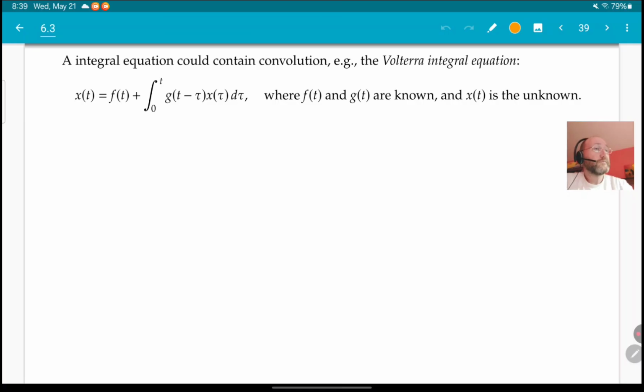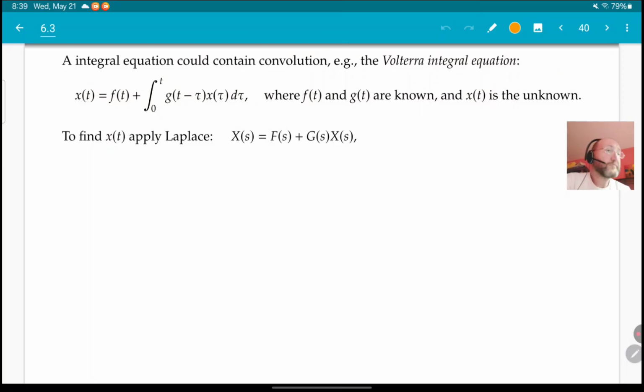Now, convolution sometimes appears in integral equations. For example, this is the Volterra integral equation. So I have an equation like this, and here f and g are some known functions. Those are given, and x is the unknown, and I'm trying to find x. It appears under the integral here, but you notice that this is a convolution.